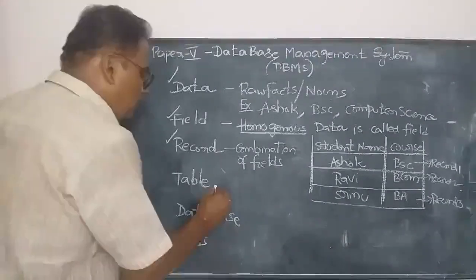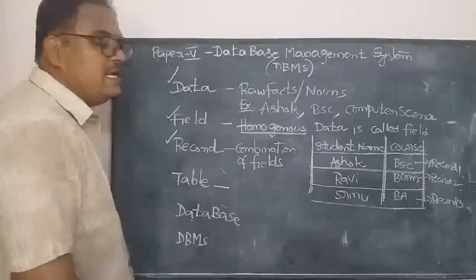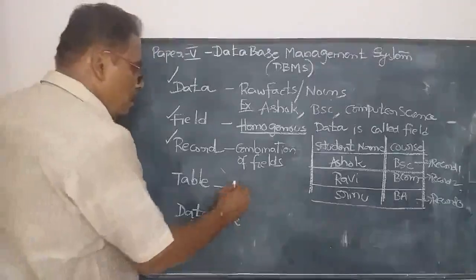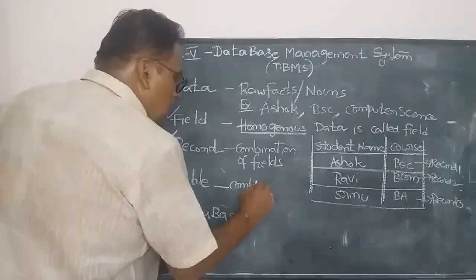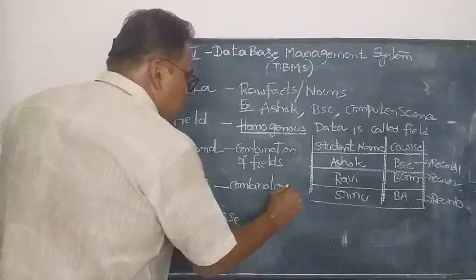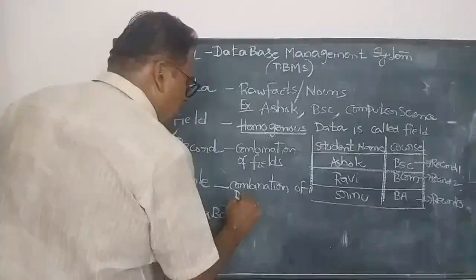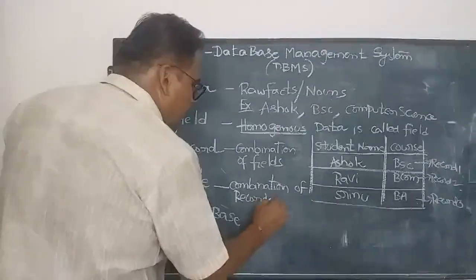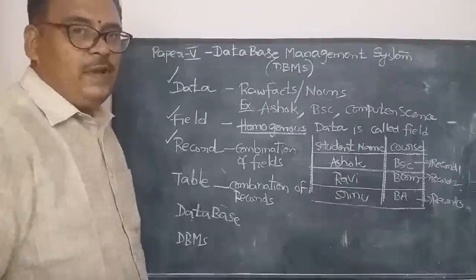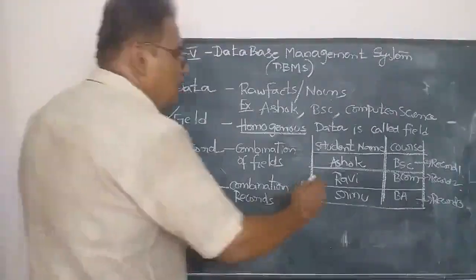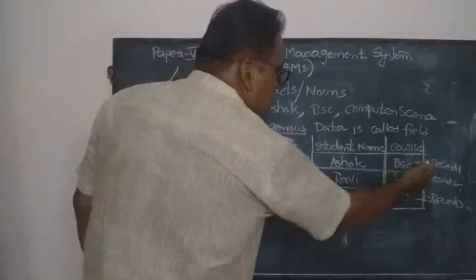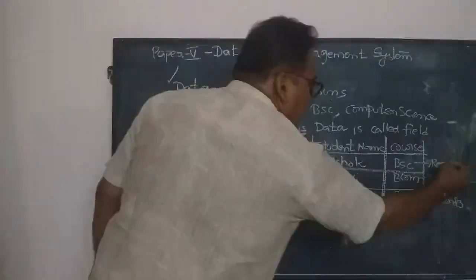Now, what is a table? Combination of records is called a table. Ashok, BSc is record 1, then record 2 and record 3.